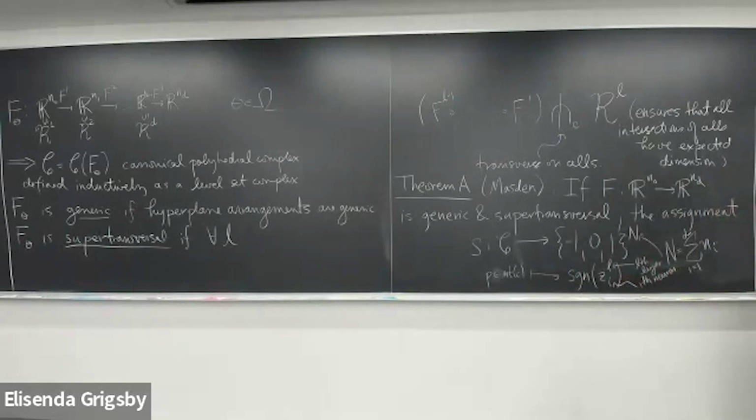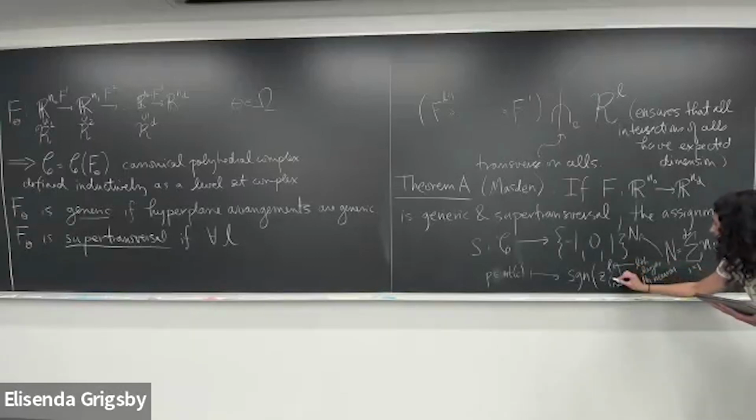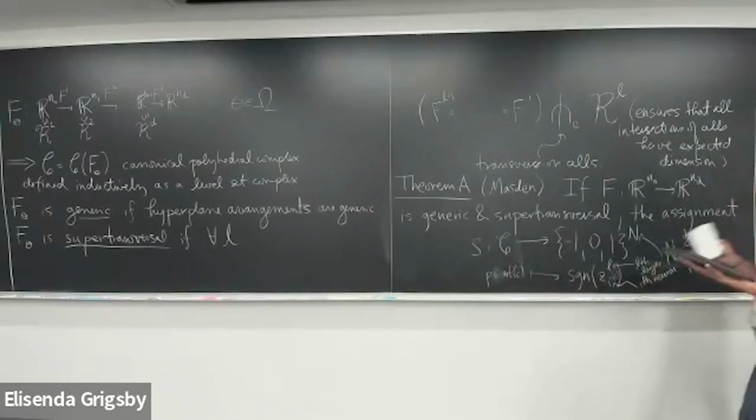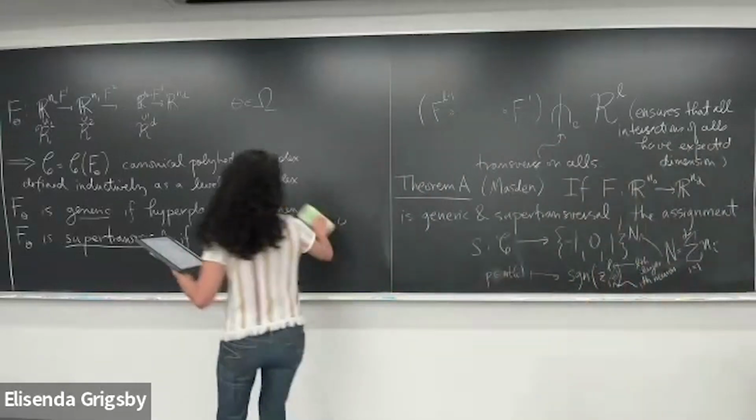So for each cell, you take a point in the interior of it, and then you compute its sign for each of the neurons. And the theorem is that this is a well-defined and injective map of cells.